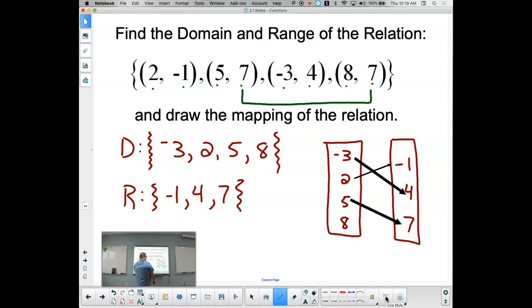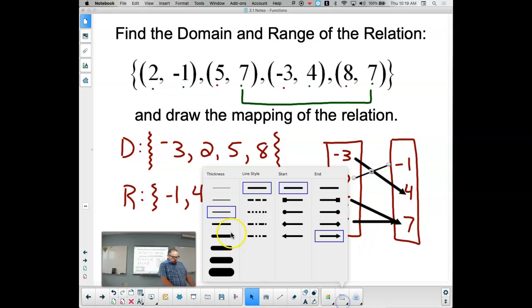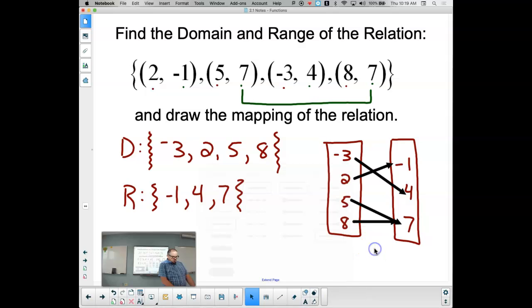And 8 goes to 7. Okay. And I'm going to make this one the same size. Good? Okay.